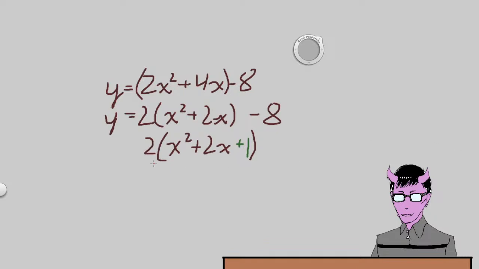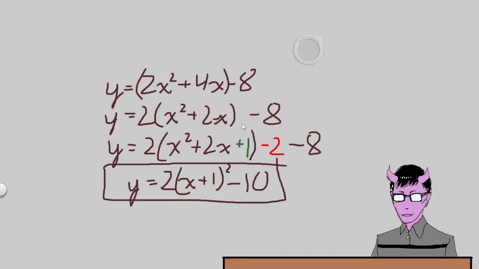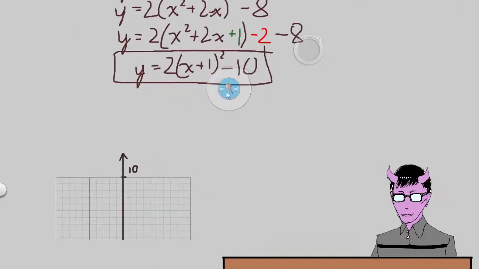So to negate that, we have to subtract 2 times 1. So minus 2. This 8 here, copy paste. Follow algorithm. Everything else, copy paste, simplify. There we are. We have the vertex form. All you need to do is graph that now.